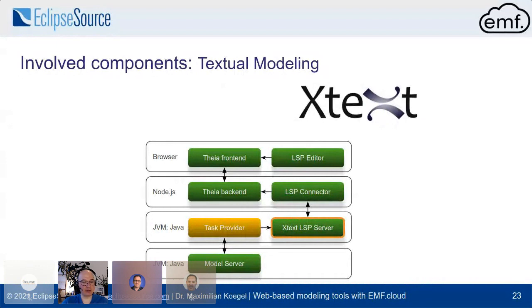And the task provider, the only thing it does in our implementation is it goes to the model server, gets all the tasks or activities, and then feeds that back into the Xtext server basically as text tokens for the auto-completion. So very little code, but very powerful editor.